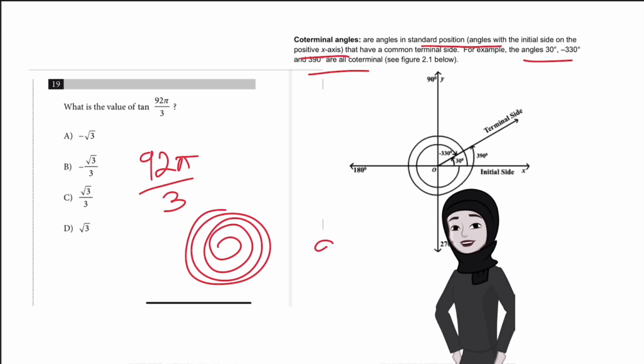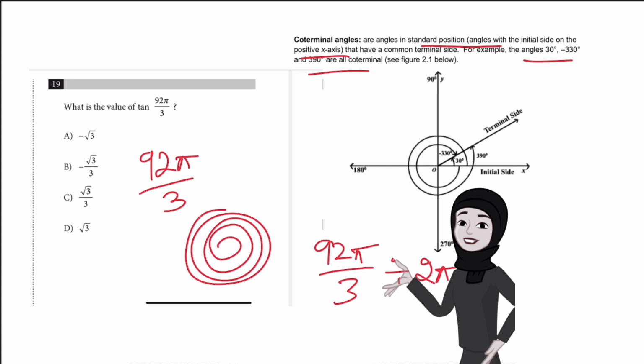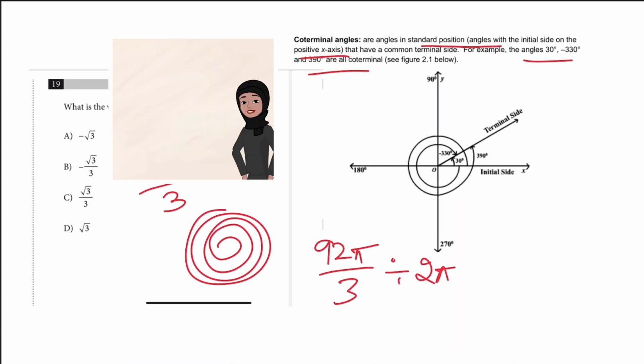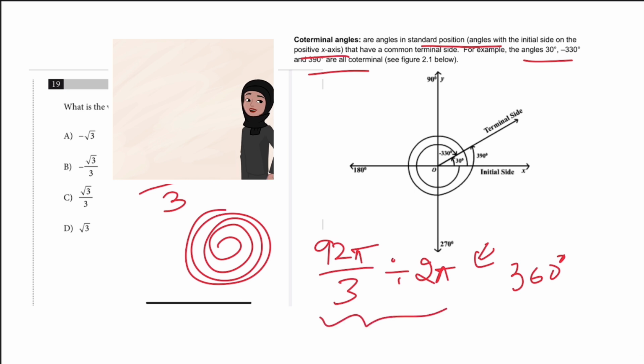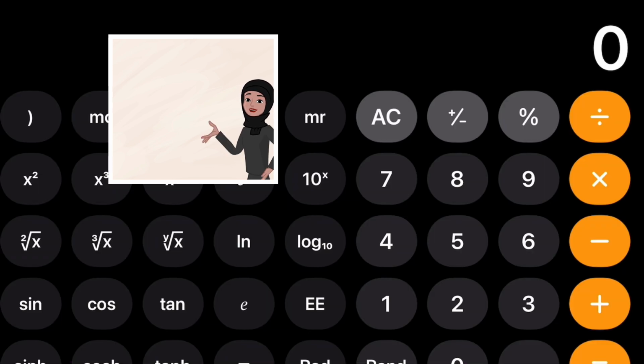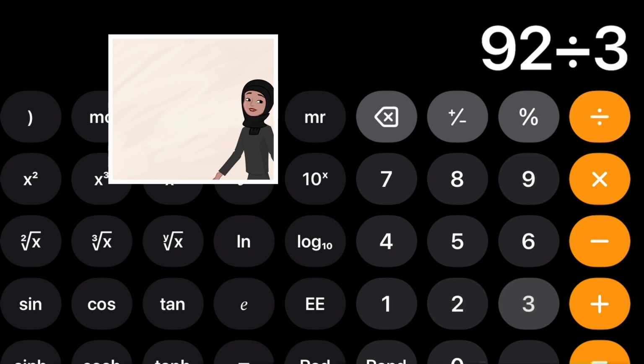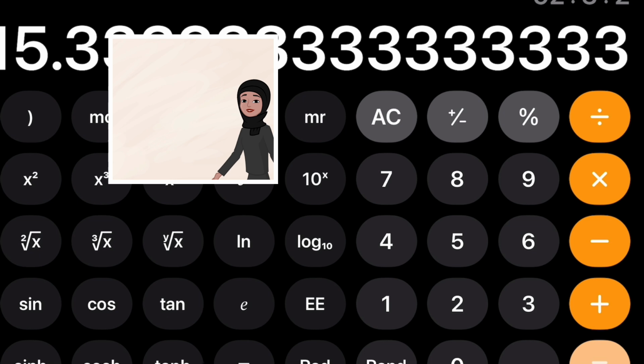So what about this 92π/3? To find out, we have to divide it by 2π. Now we are thinking in terms of radians, but actually what we mean is 360 degrees. How many 360 degrees are there in 92π/3, or how many times is it going round and round? You can use a calculator. 92 divided by 3, divided by 2, we'll get 15.33.